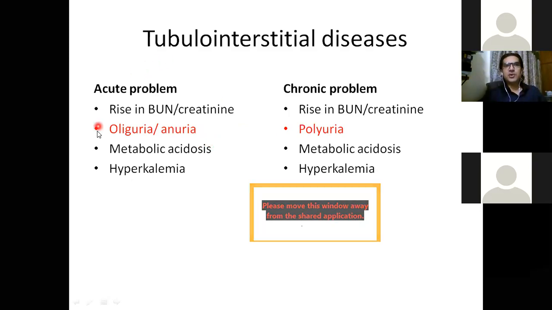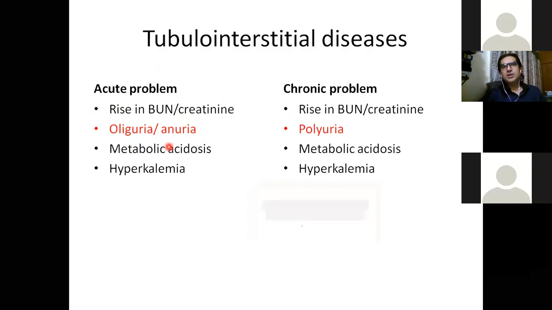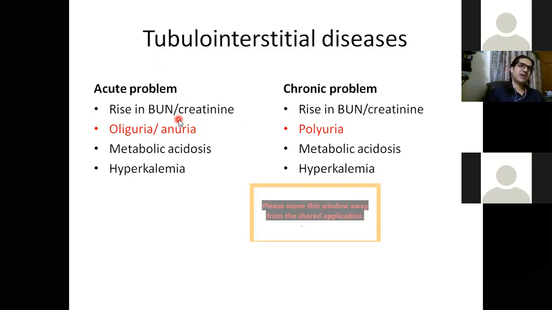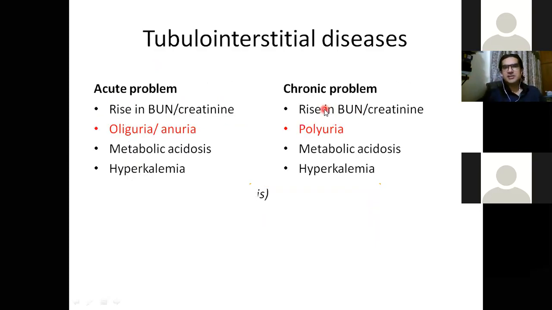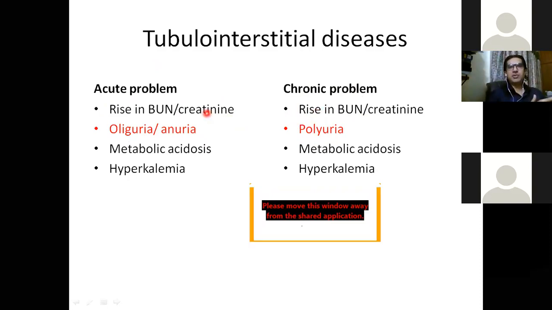So in an acute problem, if there is an acute problem in the tubules or in the interstitium, there would be oliguria or anuria, right? That is, the volume of the urine is less than 500 ml or less than 100 ml, right? And second thing is, in a chronic problem there would be polyuria, right? So this is how you can differentiate between an acute tubulointerstitial problem versus a chronic tubulointerstitial problem.